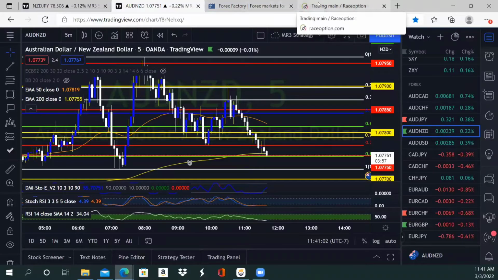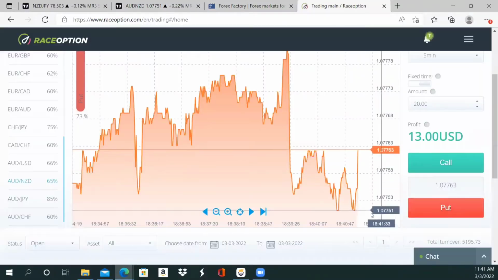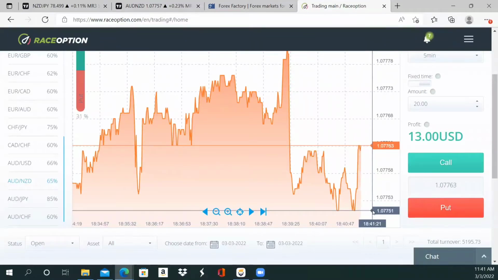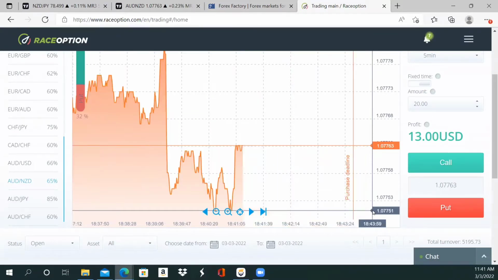Actually, I see a little bit of wick rejection. It gave us the entry twice, but I don't know if it's gonna respect it or not. Ideally it should, because that's our last level that we have, that last fib level.